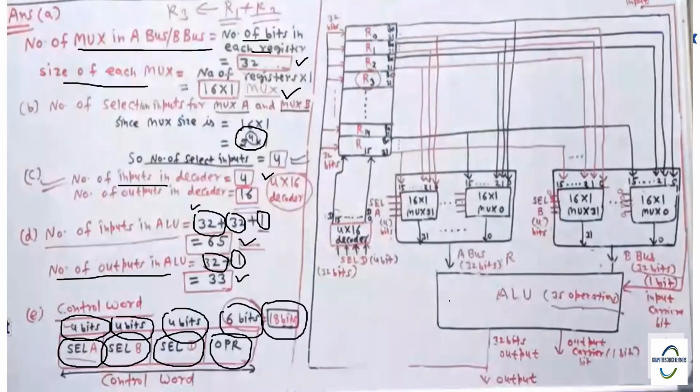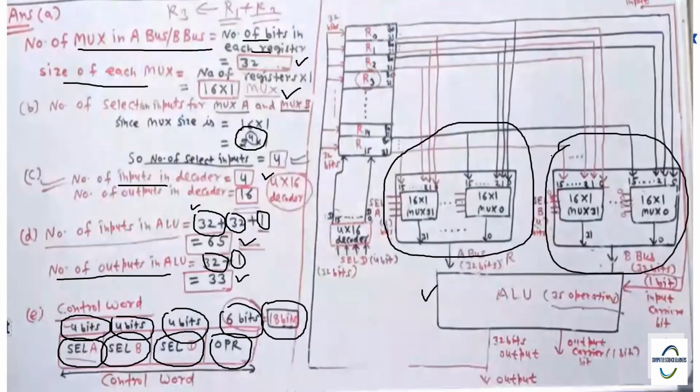And this is the configuration. So here we are having the ALU. This whole system is for bus A. This whole system is for bus B, right? Here the input carry we are getting, then the ALU performs the operation. It will generate a 32-bit output along with one output carry. So 33 bits it is generating.